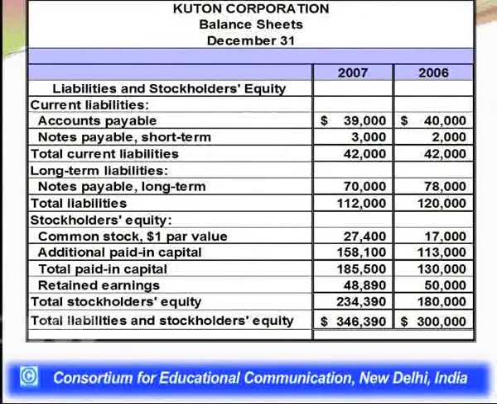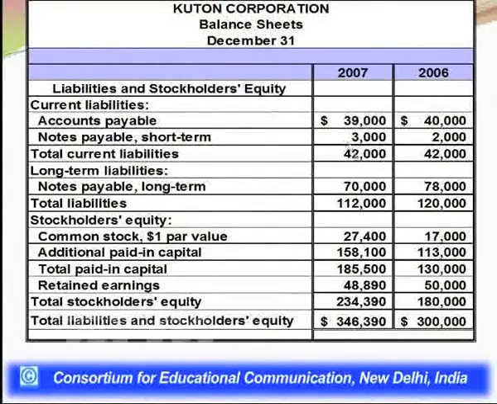If it is for a short duration, less than 1 year, it is known as current liability, and if it is for more than 1 year, we call it long term liabilities, as indicated here, right? The value of notes payable for 2006 was 78,000 and for 2007 is 70,000.